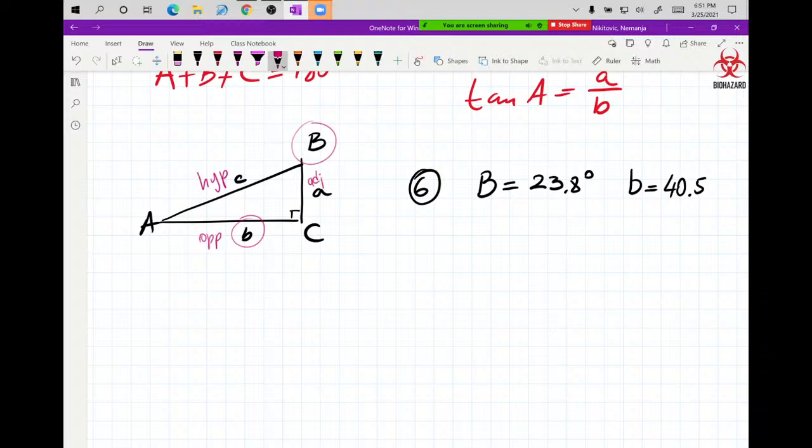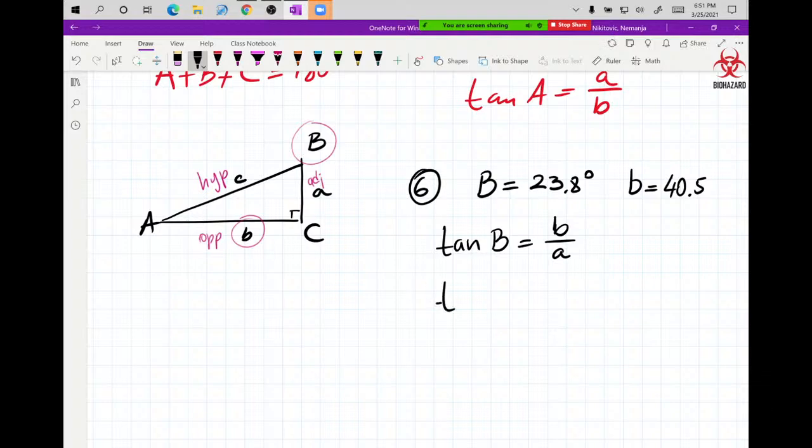Because if I write my, let's say, tangent. Why did I pick tangent? Whatever. If you want sine, let's write sine. But I'm going to write tangent, let's say. Tangent of B is equal to opposite over adjacent.